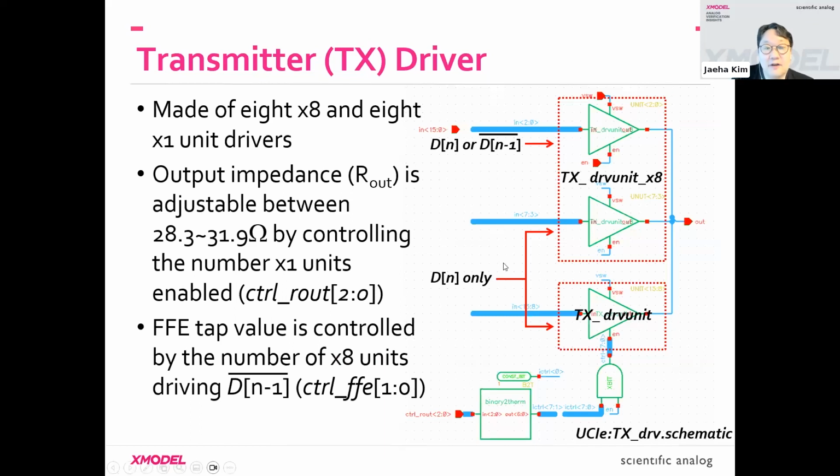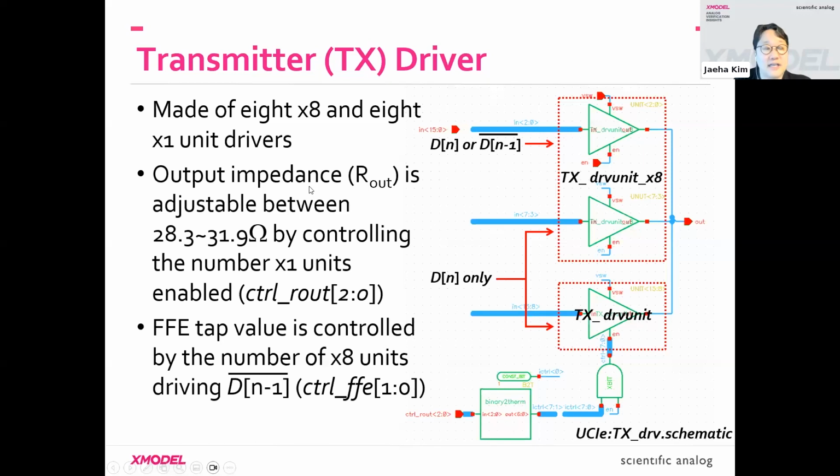Each of our driver stages, as I said, is made of parallel unit drivers. So we'll have 8 of the 8x size unit drivers, and also another 8 of the 1x unit drivers. Their outputs are all shorted together to drive the final output. With this structure, you can achieve 2 things. One is you can adjust the output impedance of the driver.